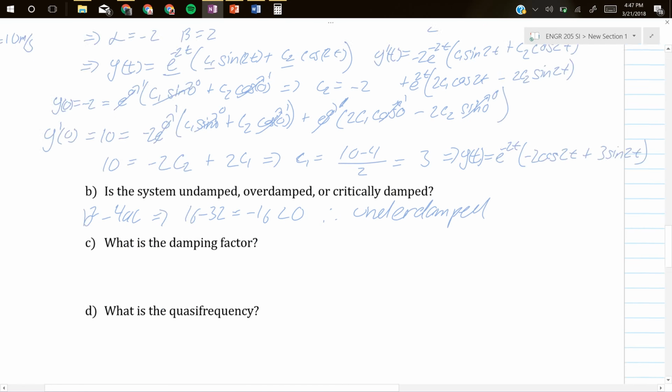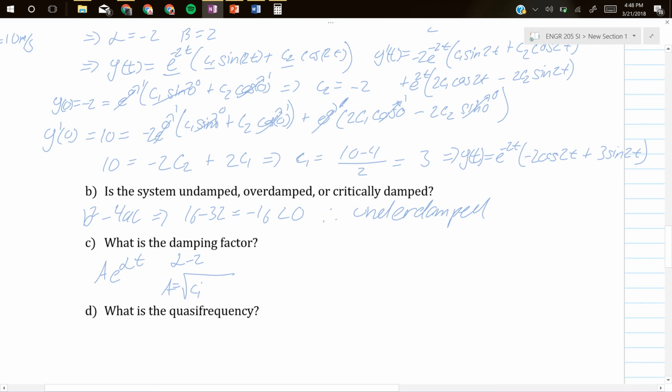Now the damping factor. Damping factor is our A e to the alpha t, where alpha is equal to negative 2, and A equals our coefficients combined together in this manner.